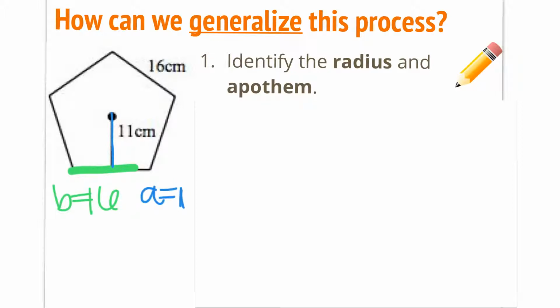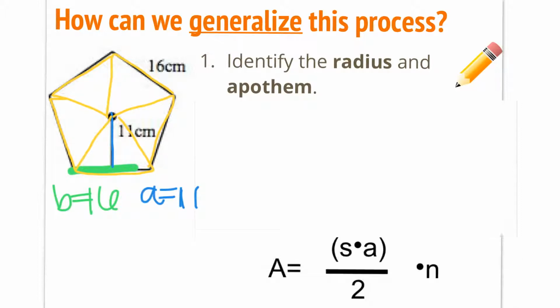So here's the shortcut. I know that the area of this pentagon is split up into 5 triangles: 1, 2, 3, 4, and then the last one, 5. It's always going to be in terms of the number of sides, because there are 5 sides, so there are 5 triangles, and I can use this formula right here.